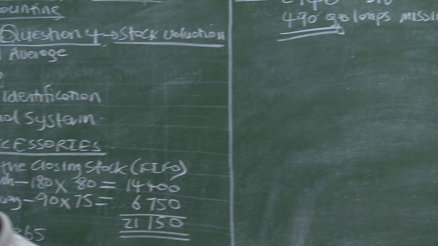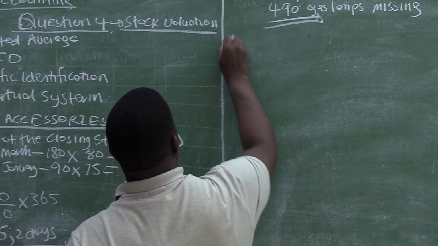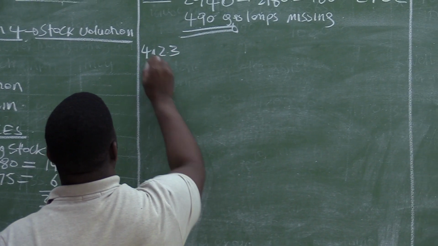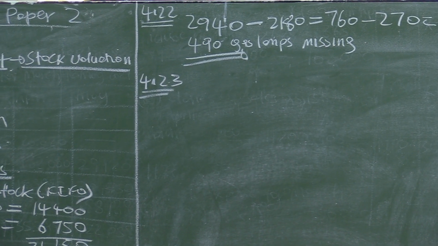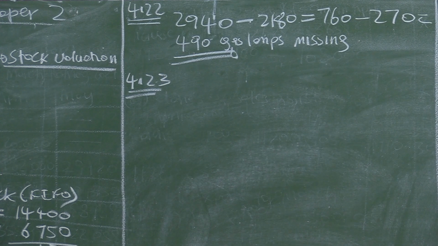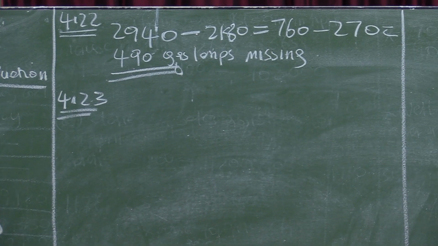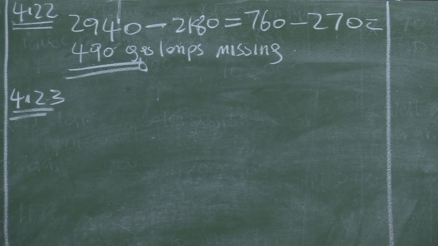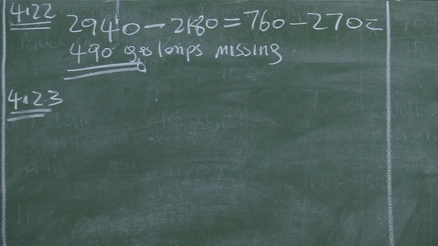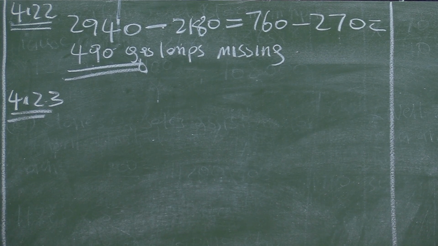An investigation revealed that Alex's brother employed at the store, that is 4.2.3, orders gas lamps using the business ordering system and then sells them privately to his friends.